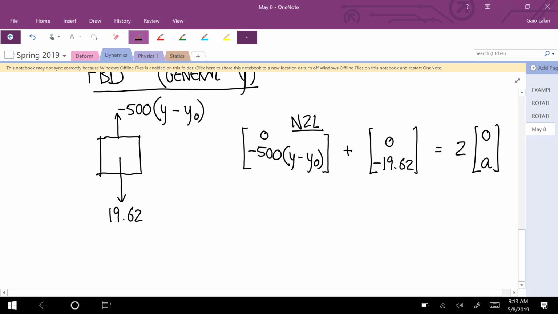And the y equation says negative 500y plus 500 y0 minus 19.62 is equal to 2a.